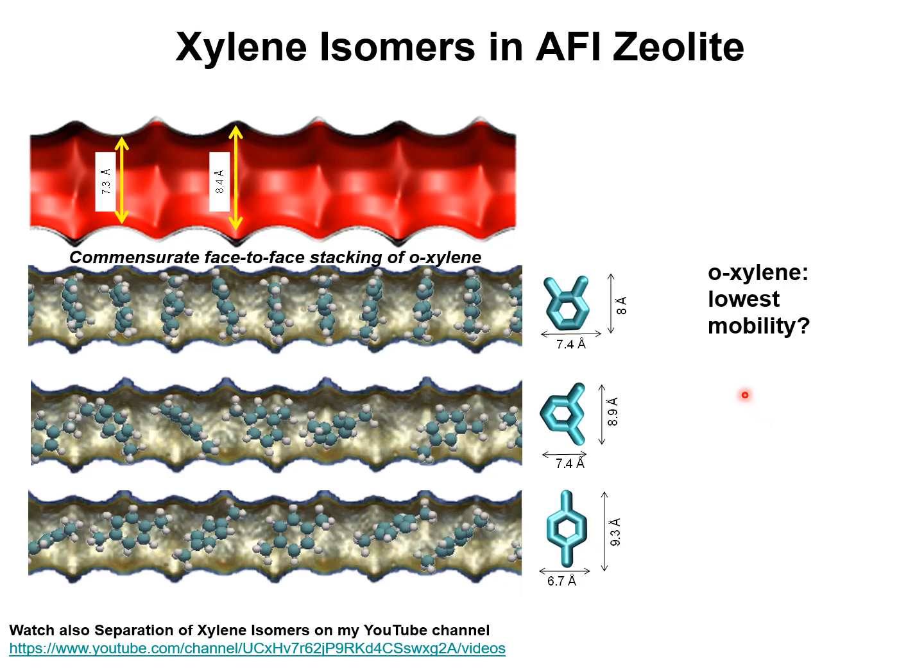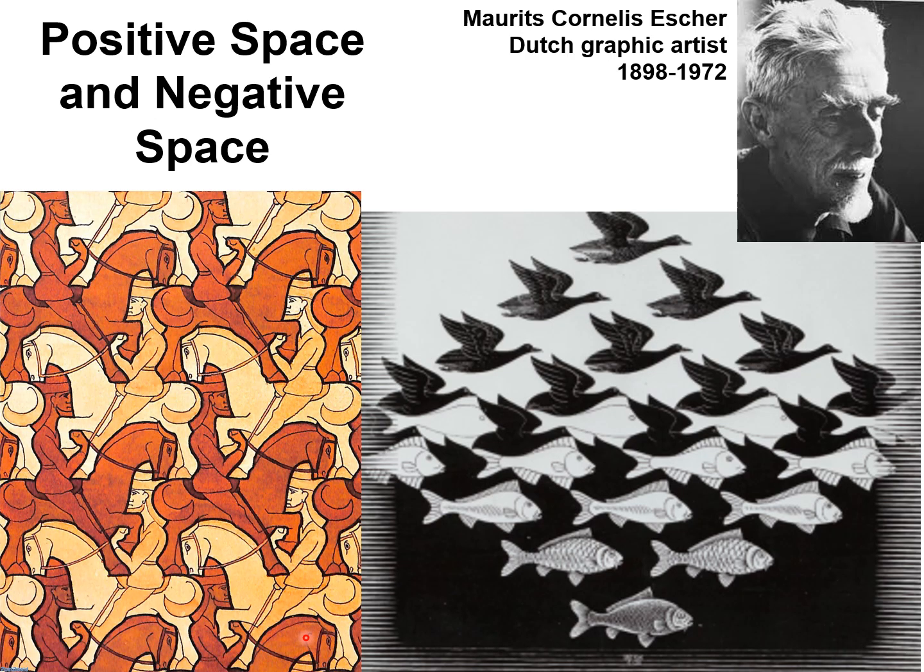And let's summarize the major takeaways from this presentation on diffusivity in micropores and pore confinement. I draw inspiration from the Dutch graphic artist Maurits Cornelis Escher. He was a genius in using both positive space and negative space when making his drawings.